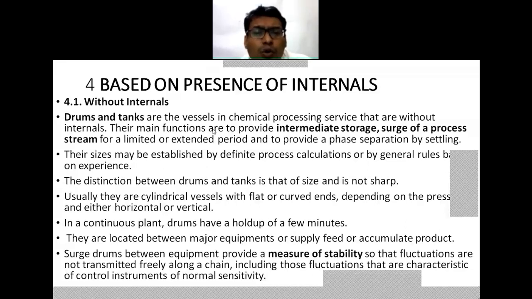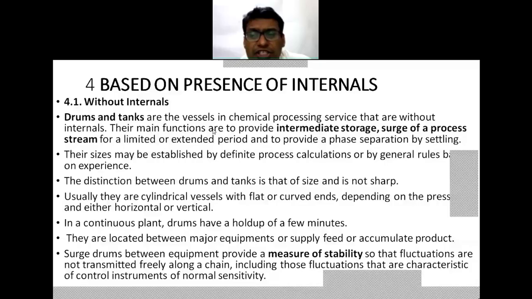They are located between the major equipments to supply feed or accumulate the different products. In case of your flash drums, the liquid that is getting accumulated and the vapors are of more concern. Then surge drums between the equipment provide a measure of stability.